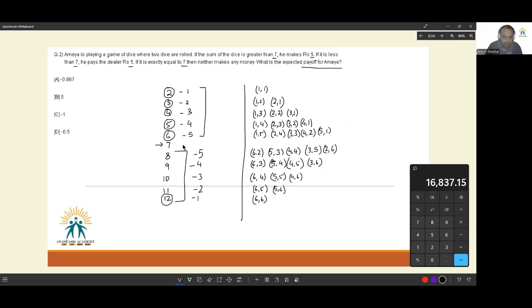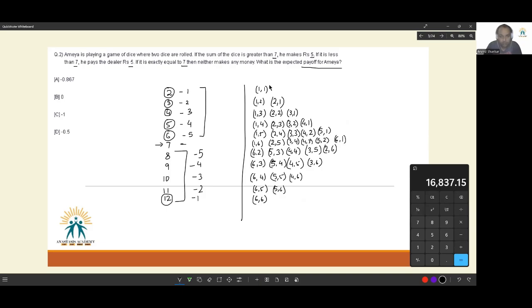And finally, for 7, there are precisely 6 cases. 1, 6, 2, 5, 3, 4, 4, 3, 5, 2, and 6, 1.